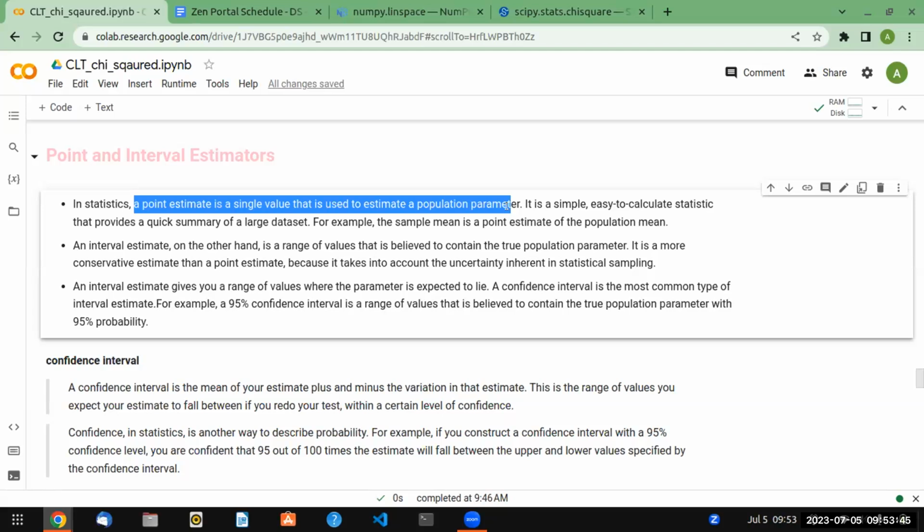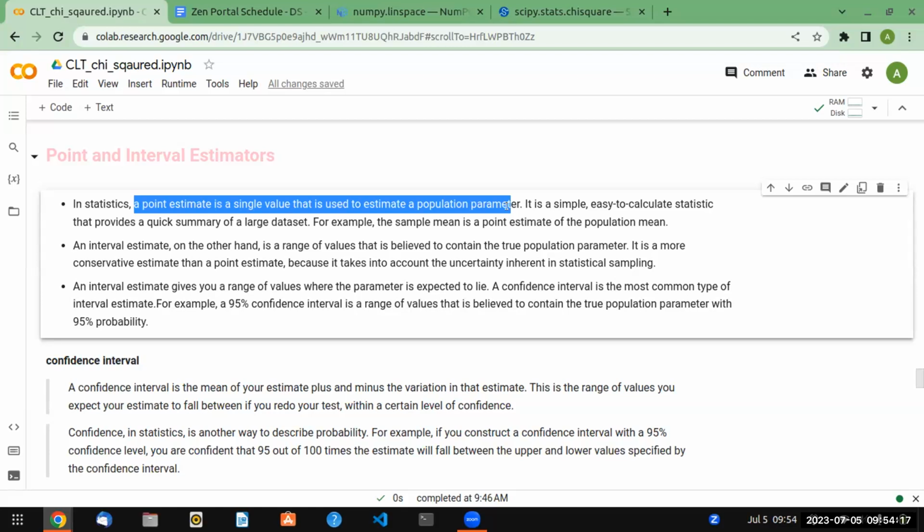Then what is interval estimation? When I'm saying the population mean will be between 3 to 5, I'm not sure what the exact value is, but the population mean is somewhere between 3 to 5. Similarly, I'm saying population standard deviation will be 1 to 3. So here, instead of a specified point, I am giving an interval.